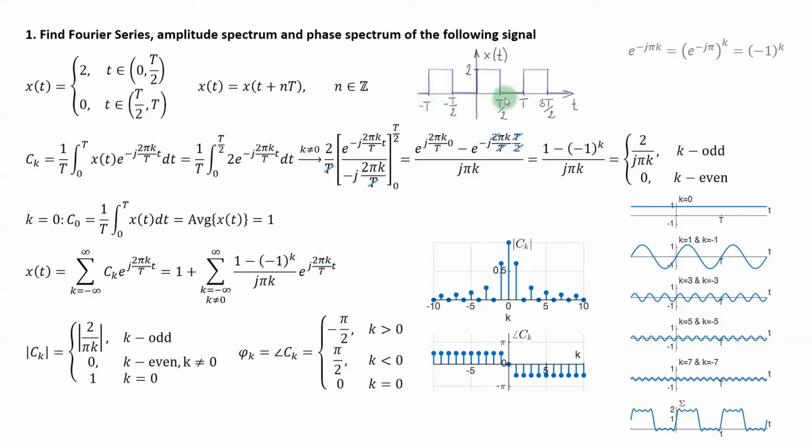When I do it for this signal, that is for these complex coefficients, I will get this for k 1 and minus 1. And I will get this for k 3 and minus 3. I will get this for k 5 and minus 5, and this for k 7 and minus 7. Also for k equal to 0, I have this number 1, that is this constant.